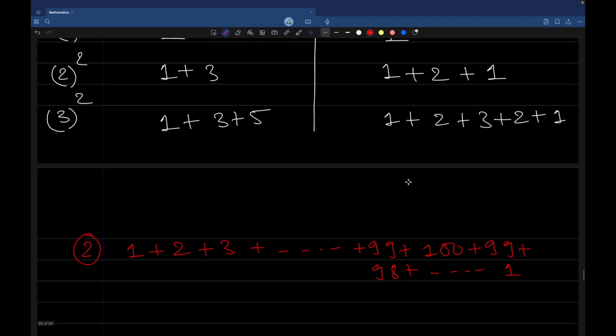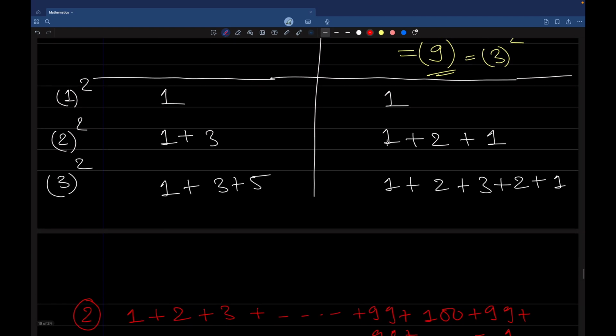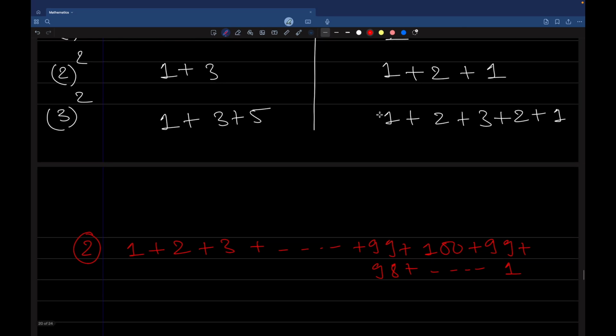Now this pattern is similar to the second way we discussed in question number 1.